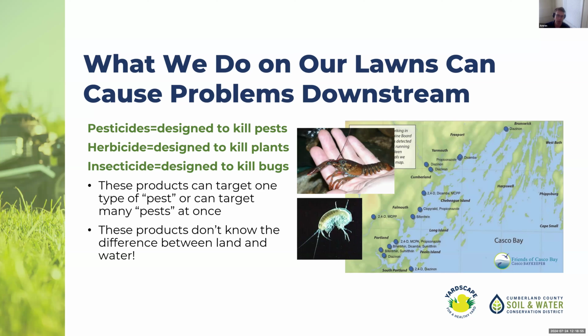So if you are applying your pesticides and some of them run off, or you don't get all the pesticide on your lawn and some of it gets onto an impervious surface and makes its way down into whatever stream the drain pipes outlet to, it might get into the water body and accumulate there, and then it's also going to start affecting the aquatic organisms in freshwater and saltwater ecosystems.